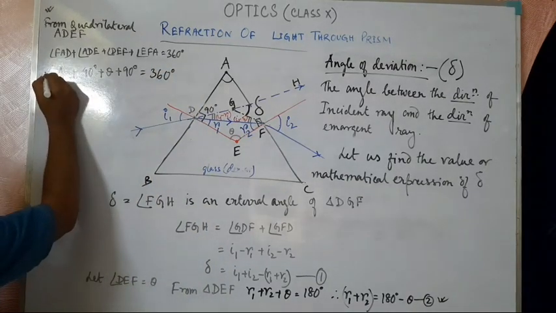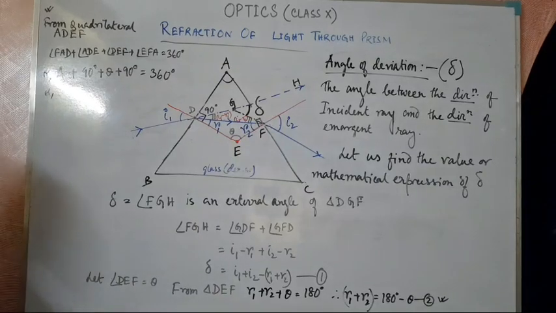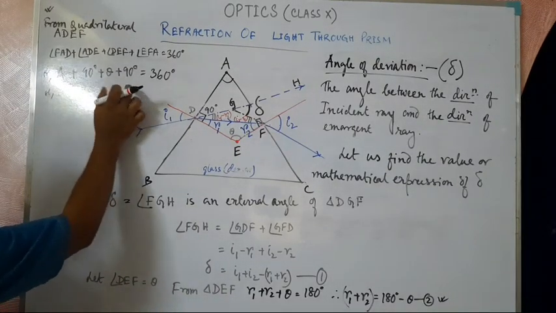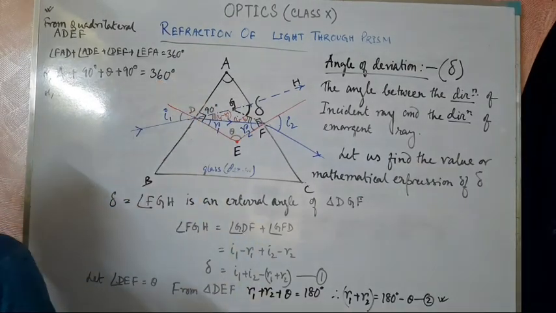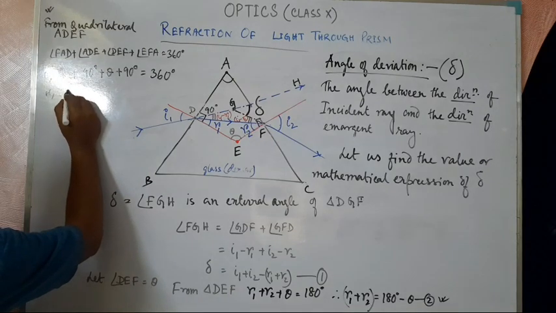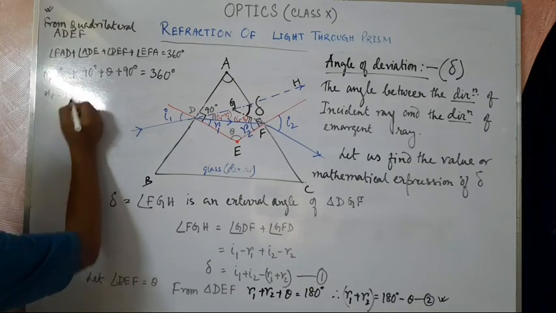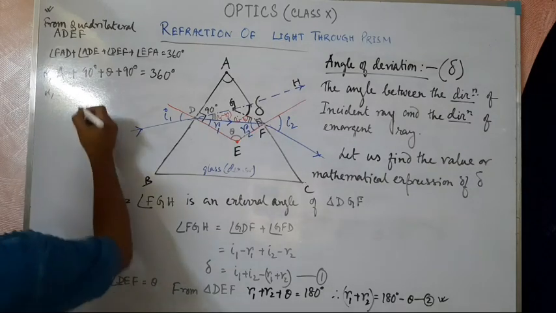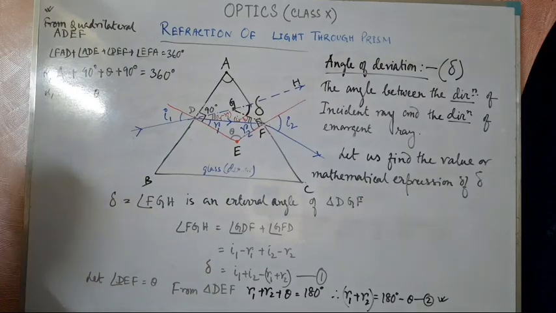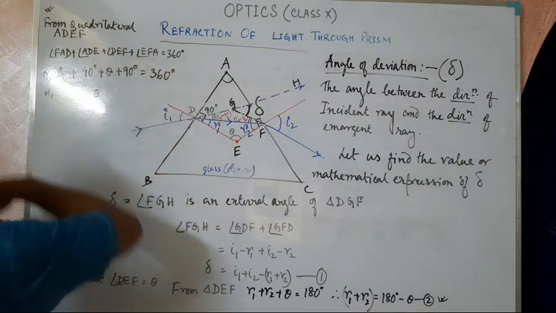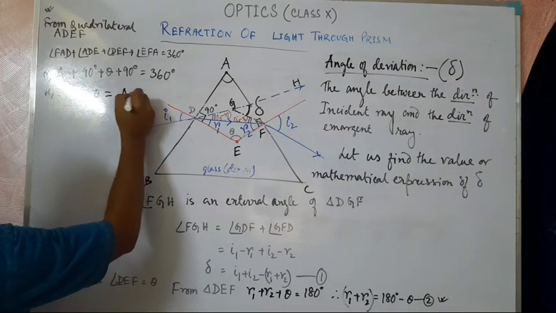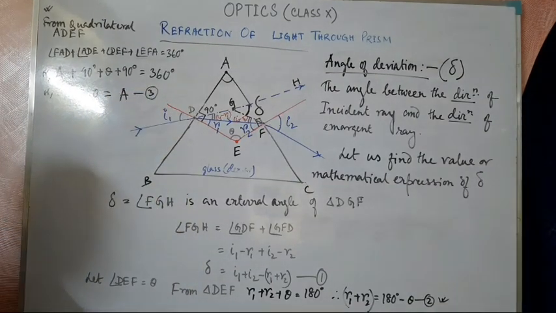So from this equation, you can see 90 plus 90 is 180 degrees. 360 minus 180 is 180 degrees. So what can you write? 180 degrees minus theta, we have brought the 360 degrees to the right side, and we have 180 degrees minus theta equals A. So this is equation number 3.